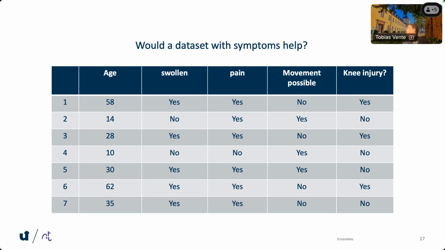We have the features age, swollen, pain, movement possible, and in the end our label, whether the knee is really injured or not. We could discuss for a long time whether age is really a good indicator if your knee is injured, but this is the data that we have, and this is a typical machine learning task. You can't just construct the data you think is perfect, you have to work with the data that you get.